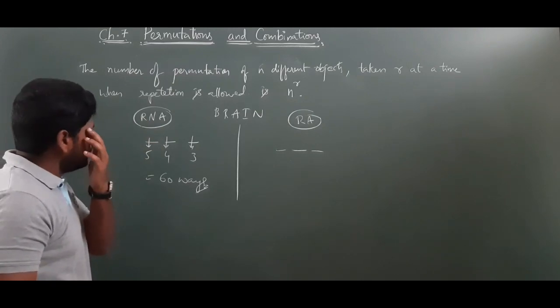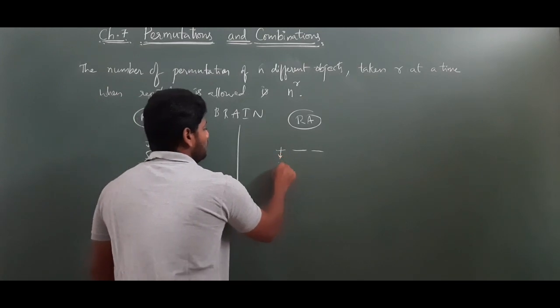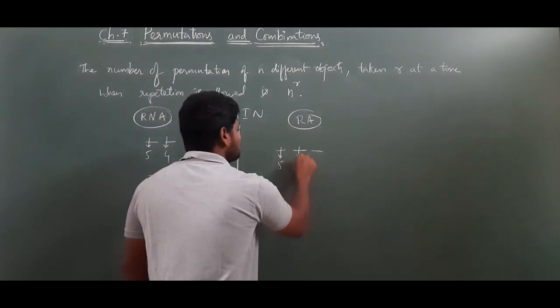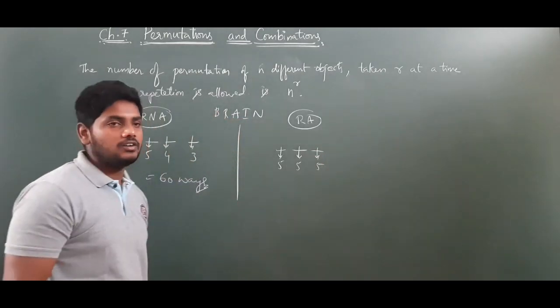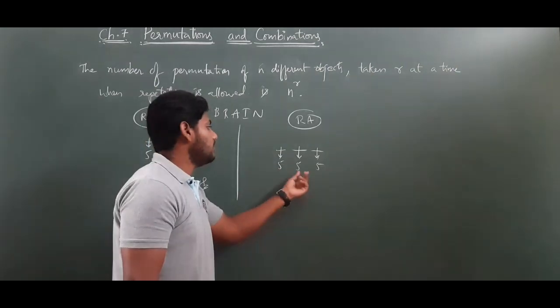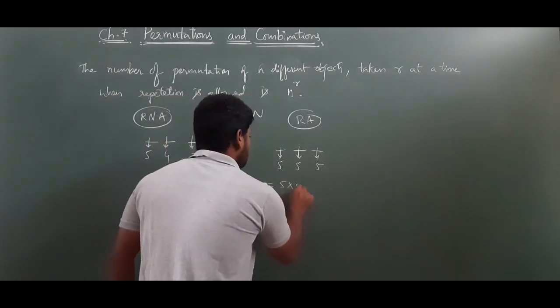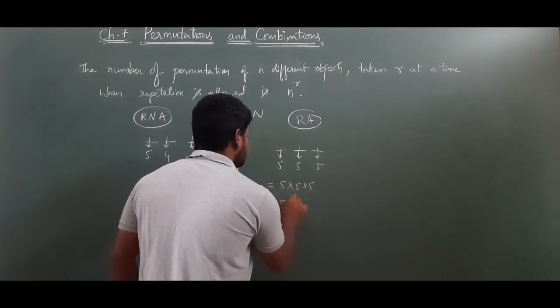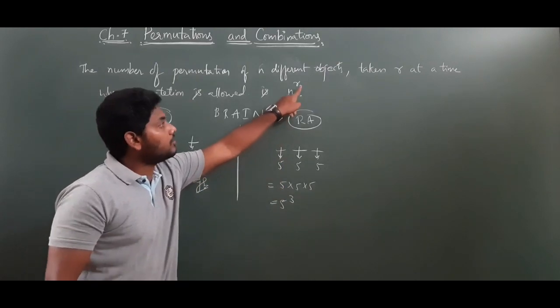And if it is the repetition allowed case, the first letter can be filled with 5, next letter also with 5, next letter also 5. Why? Because repetition is allowed. So if we take B here, here also you can take B. So it will be 5, 5, 5 according to the principle of multiplication. 5 into 5 into 5, we can write 5 cube, which means n to the power of r.